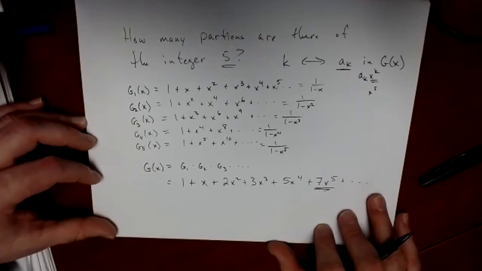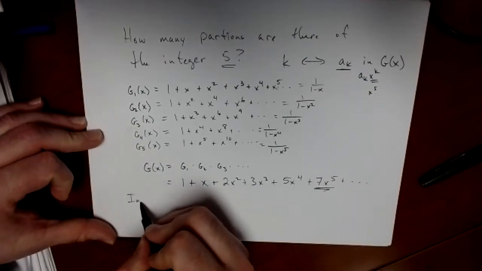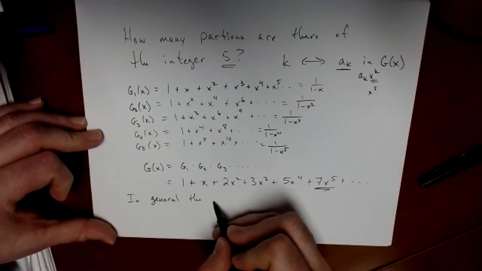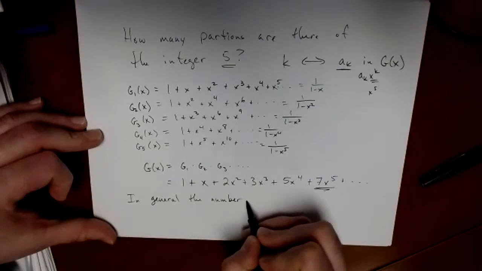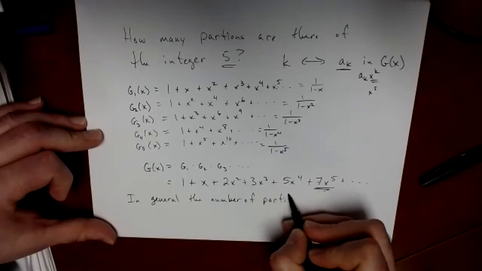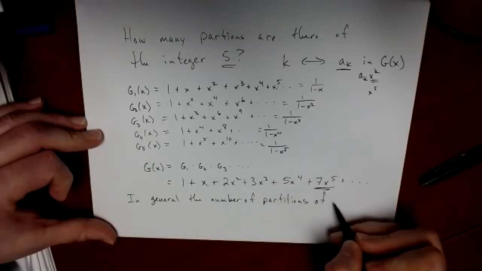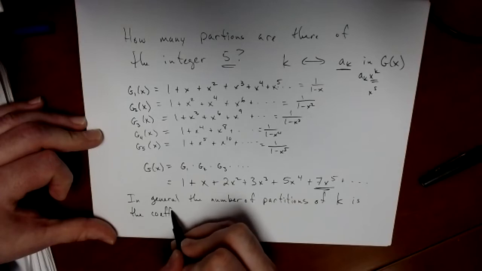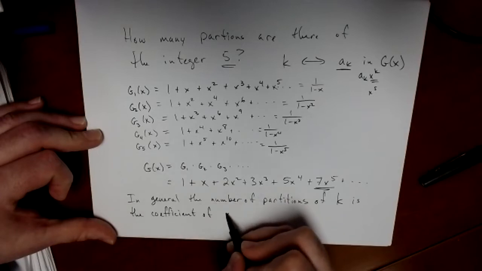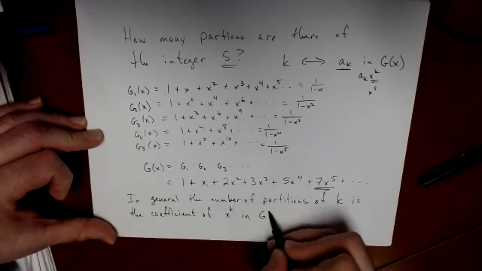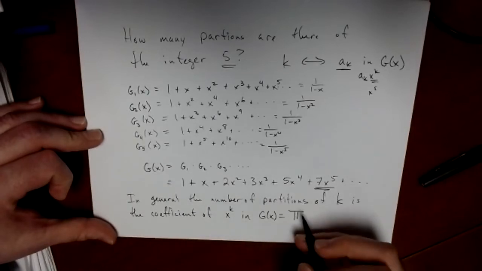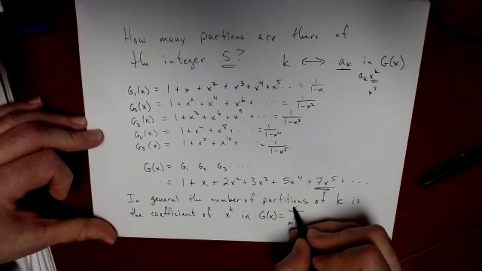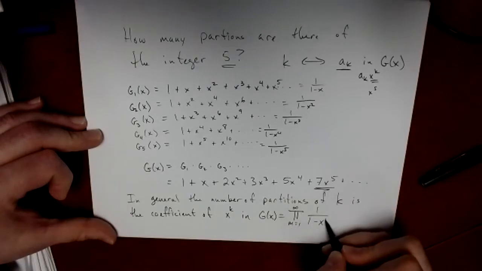So in general, the number of partitions of k is the coefficient of x to the k in G(x), which equals the infinite product of 1 over 1 minus x to the m.